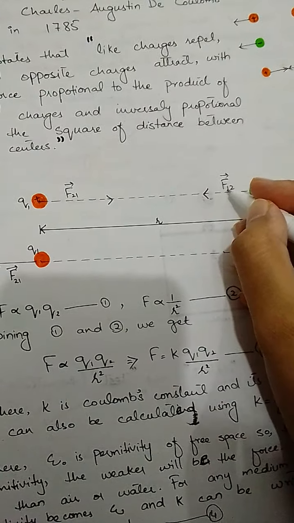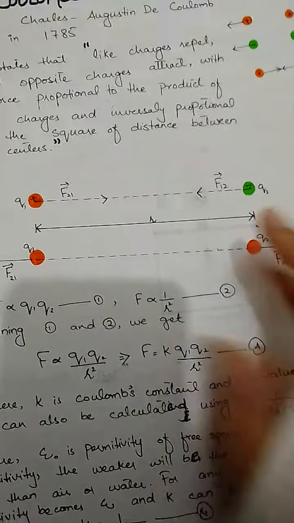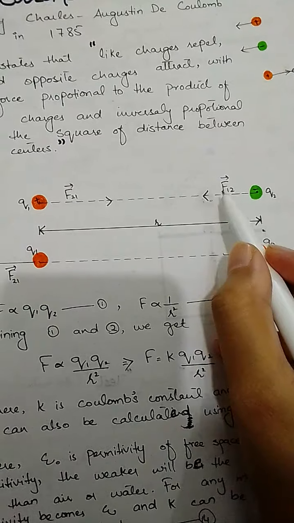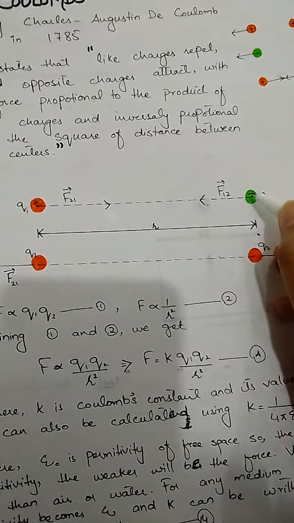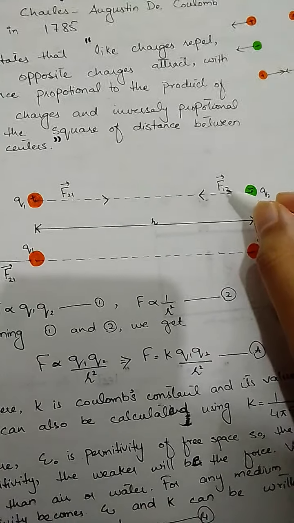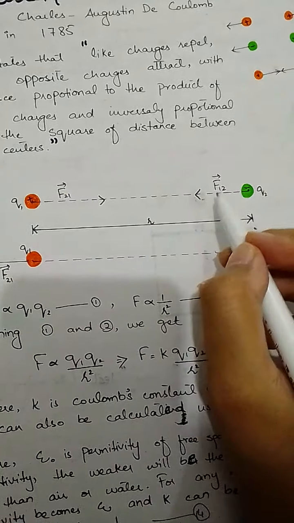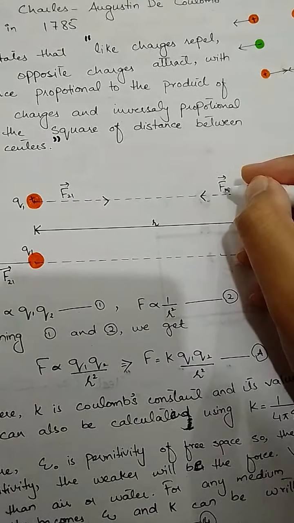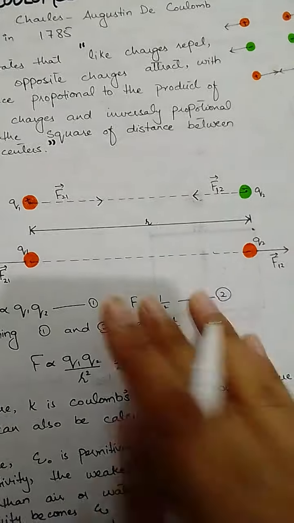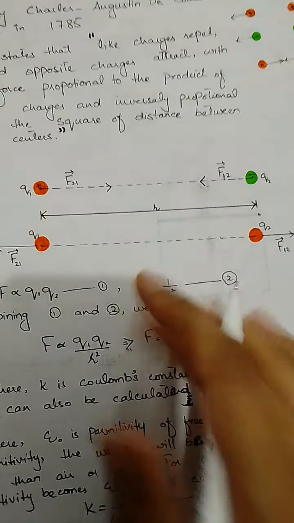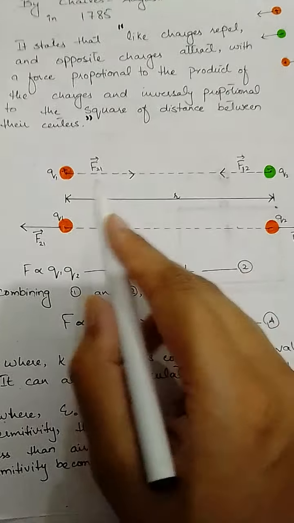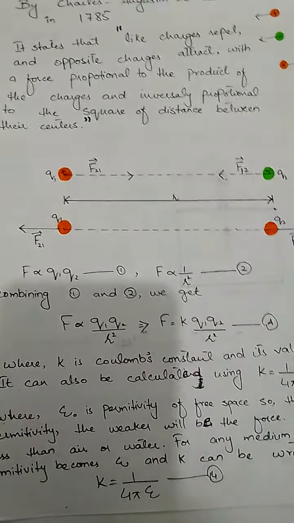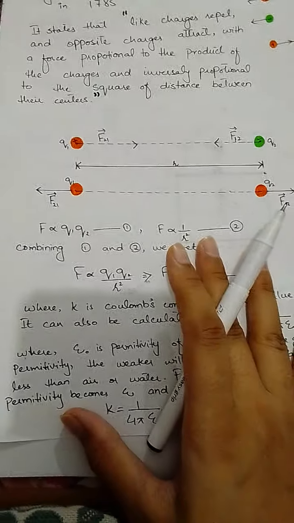And F12 means that the Q1 charge applies a force on the Q2 charge. These forces are vector quantities, obviously, because they are directed in a specific direction.